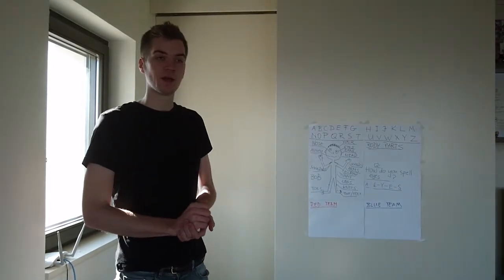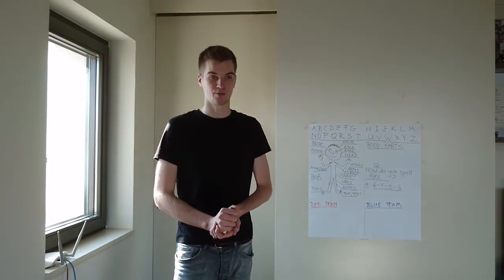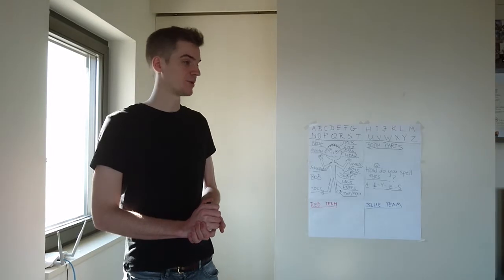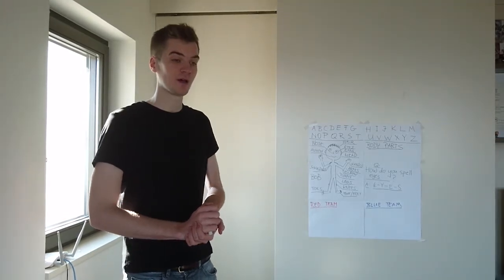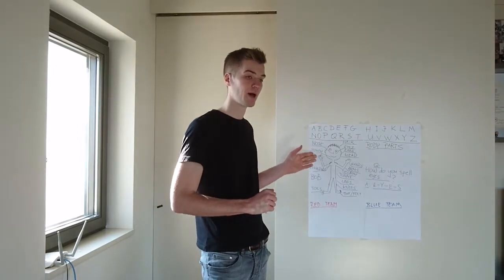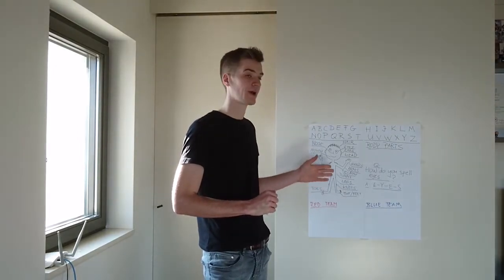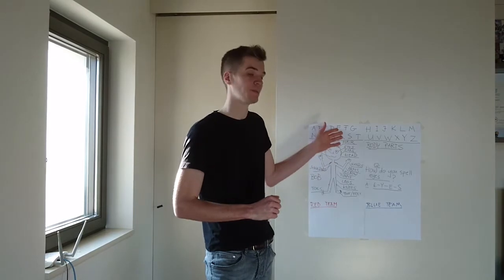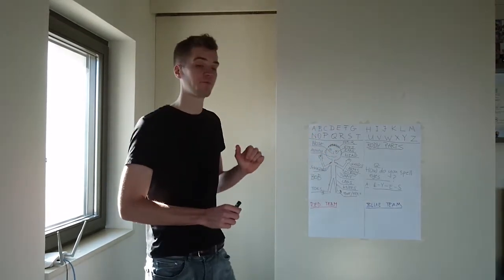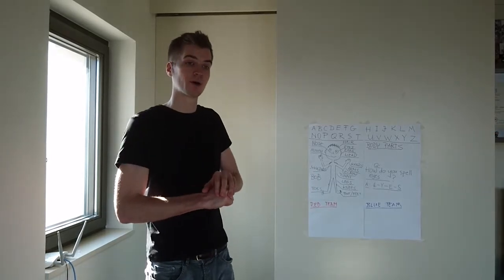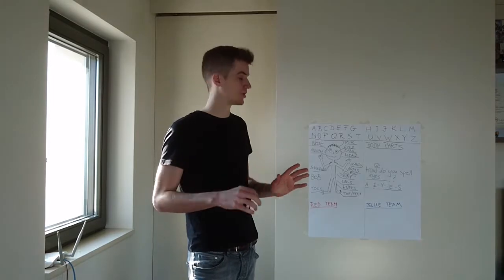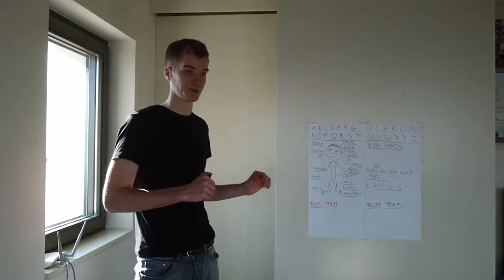So we studied body parts today. We learned a little song, and we played some really fun games. We learned how to write the body parts down, and we learned how to spell them using the ABC that we learned in the previous class. For the next class, as homework, I would like you to think about what we can do using each of these body parts.